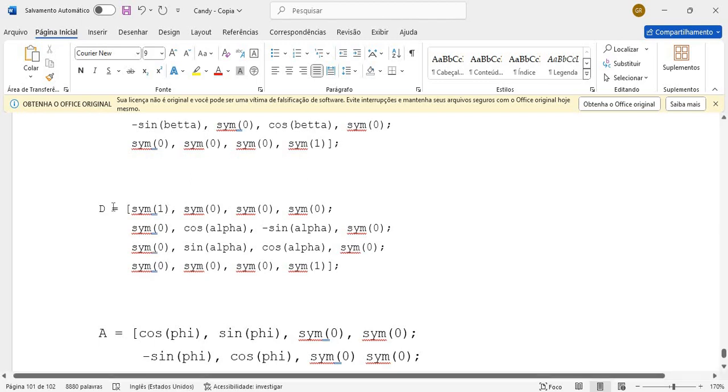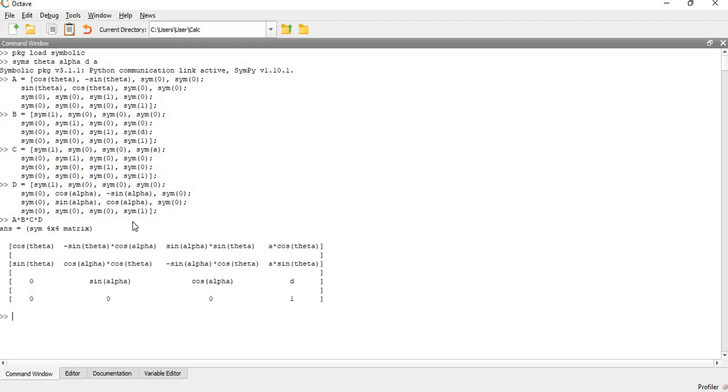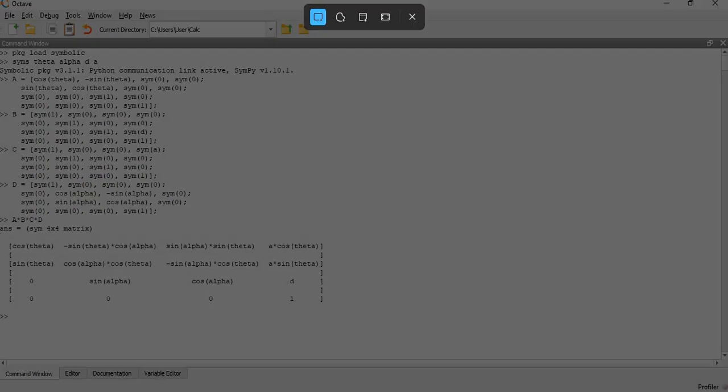Let's copy and paste. Now let's multiply these matrices. Okay, and let's take a print.